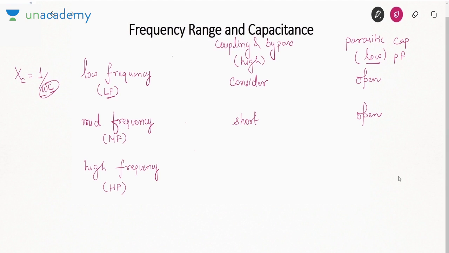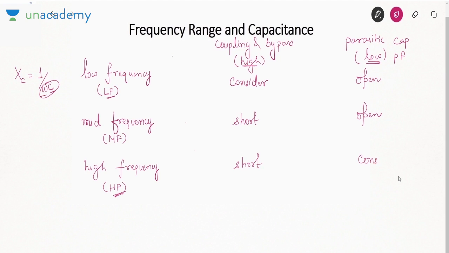What about high frequency? At high frequency this capacitance is high, omega is also high. So omega C will be very high. Omega is high, C is high, their product is high. So 1 upon product will be low. Low means short. But here omega is high and capacitance is low. So their product will be moderate.